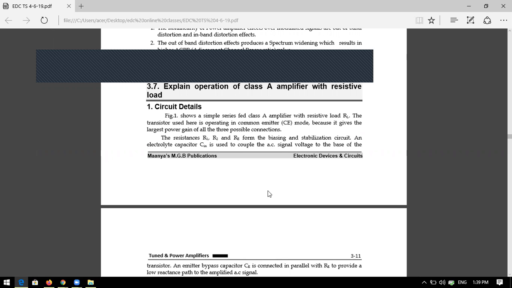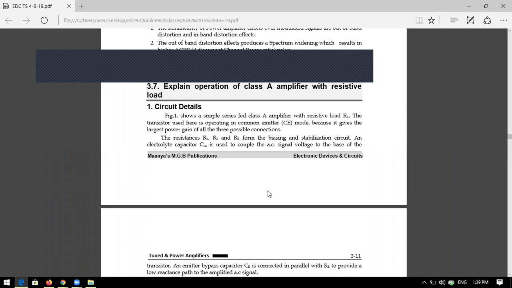The transistor used here is operating in a common emitter configuration, CE mode, because it gives the largest power gain of all three possible connections. What are the three possible connections? CB, CE, CC. In the CE configuration you get a higher power gain because of the voltage gain and the current gain; the multiplication of voltage gain and current gain gives the power gain.